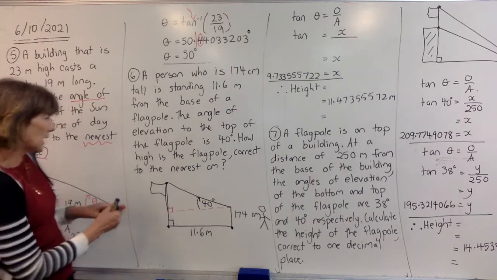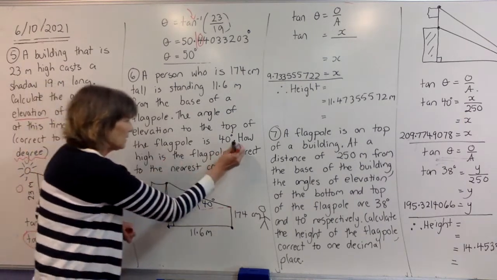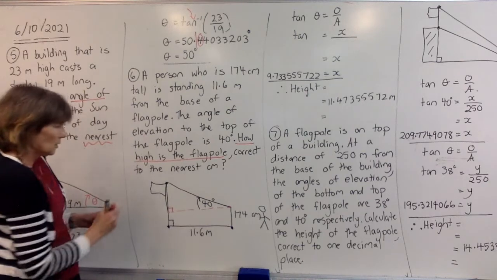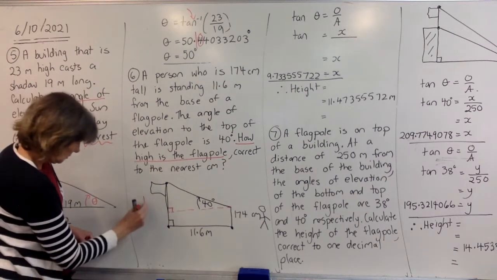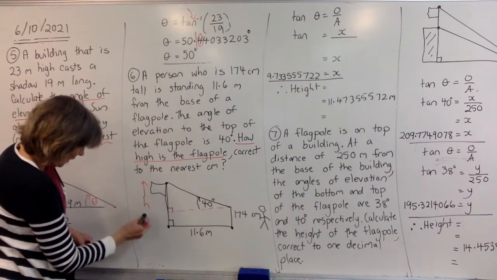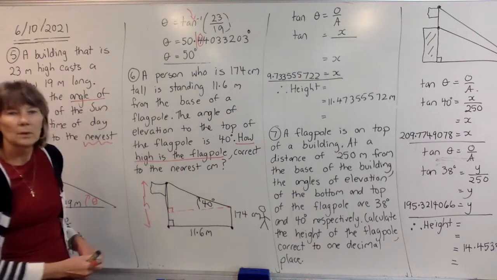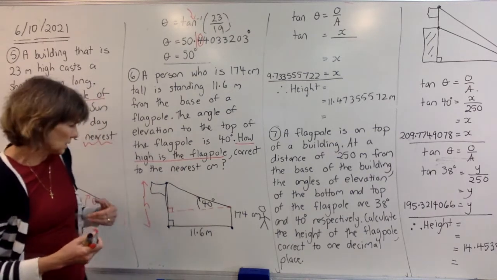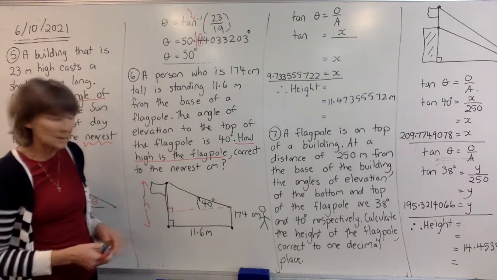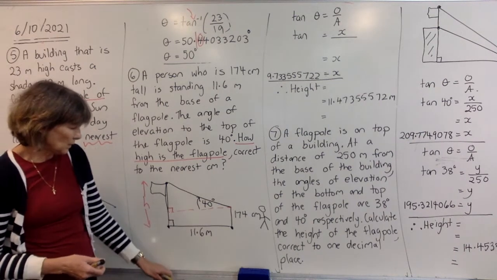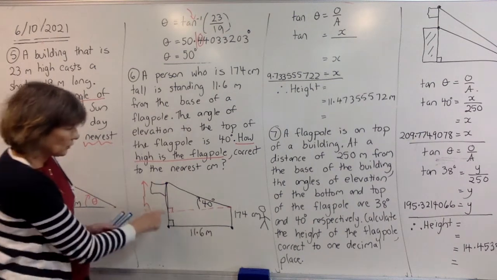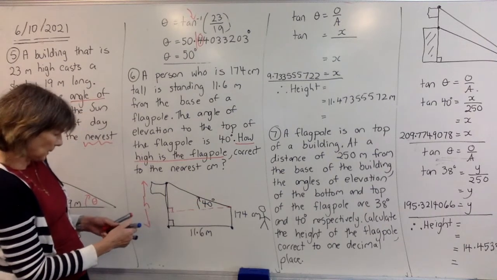Now the question is asking for how high is the flagpole. So they want the height of the flagpole. All right, now we're not going to be able to do this straight away. There's some parts to this. All right, so the first thing we're going to do is look at the right angle triangle we've created at the top here.